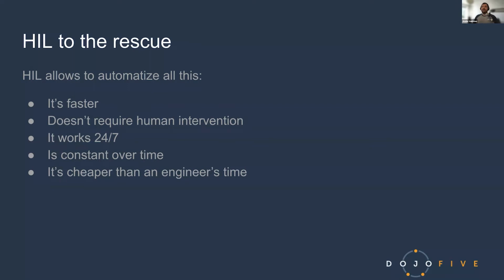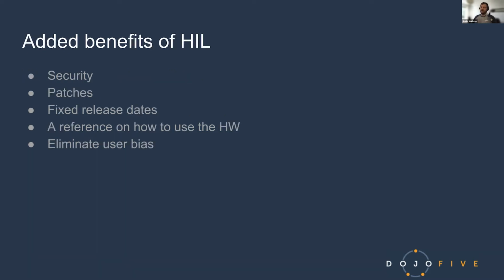So having something that does not rely only on the person that is doing the test is quite useful. And this is usually what people see and what attracts them to hardware in the loop setups. But I think there are some hidden benefits too that I think are super interesting.